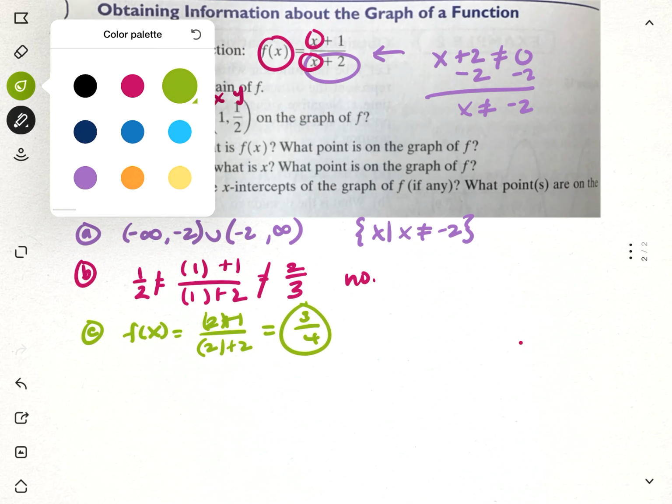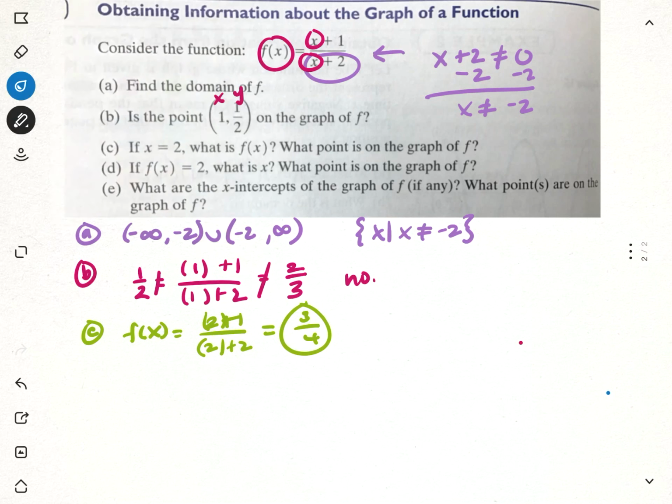Pretty straightforward. Oops, sorry, we should probably answer what point is on the graph for this one too, because it did ask us for part C. So then this is our y, it gave us our x, so it'd be 2, 3/4.